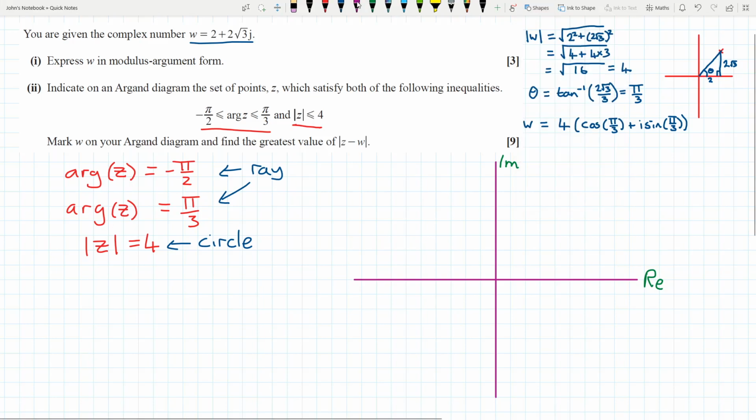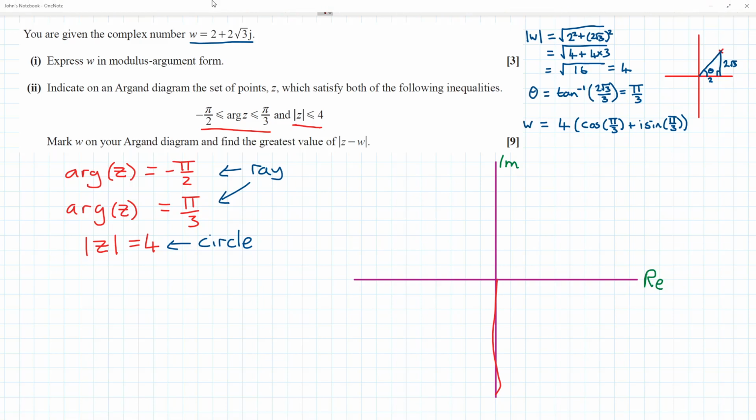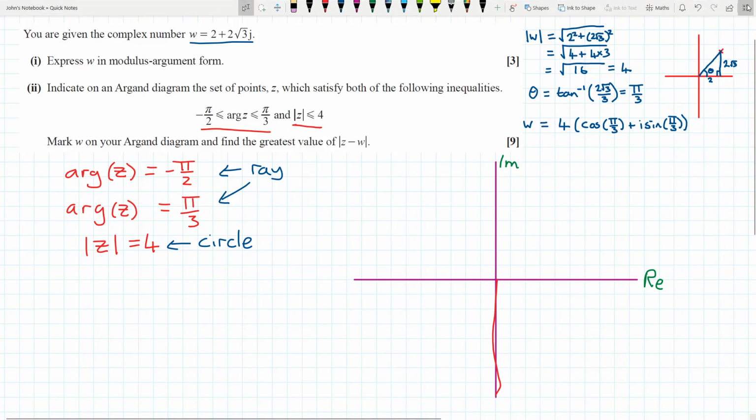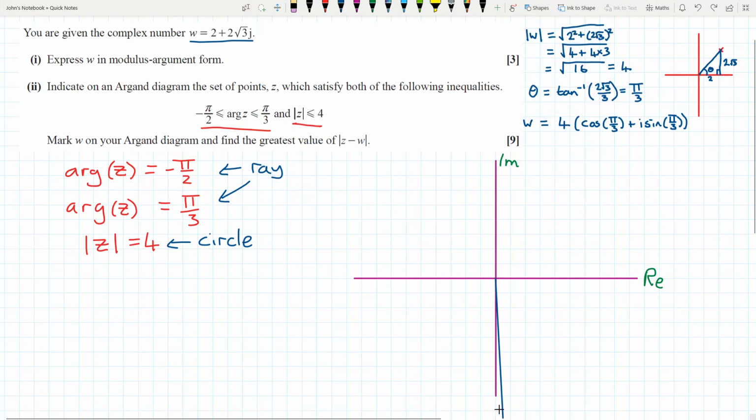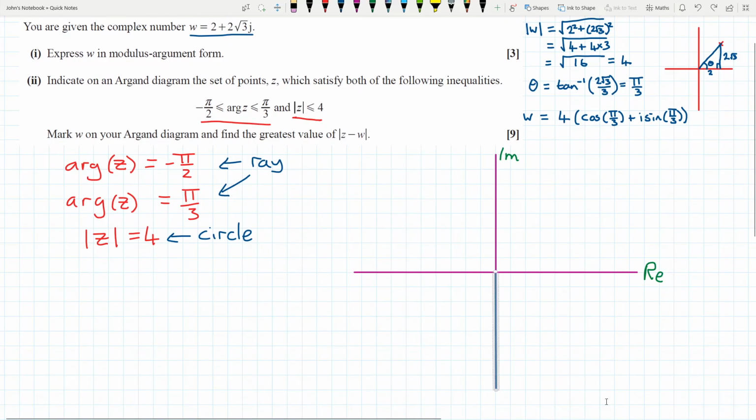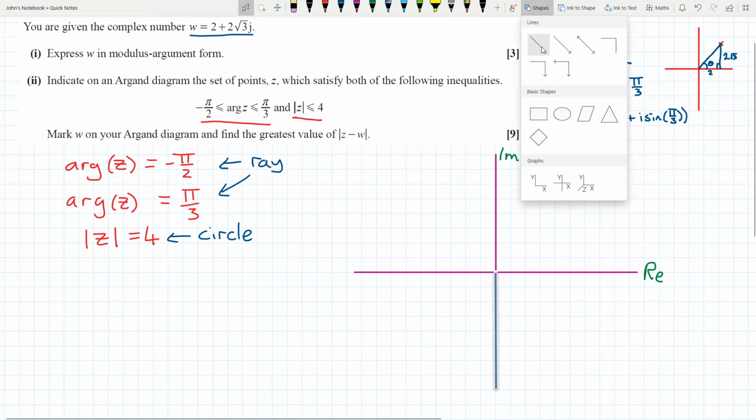Going straight down like this. Might be slightly hard to see.